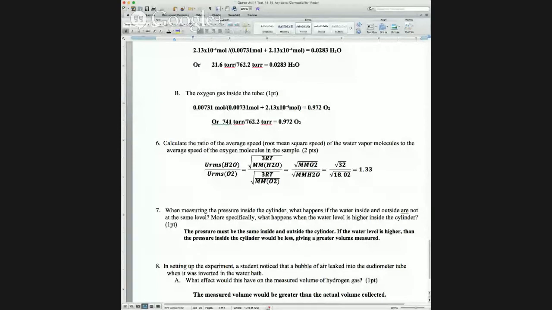Now that you've got the moles, you can just use the moles, or you just use the pressure like you had solved for earlier, and voila, you're finished. So that is 5A and 5B. And so I think that makes some sense. Again, super easy if you really look at it that way. And on the retake, do it the super easy way.